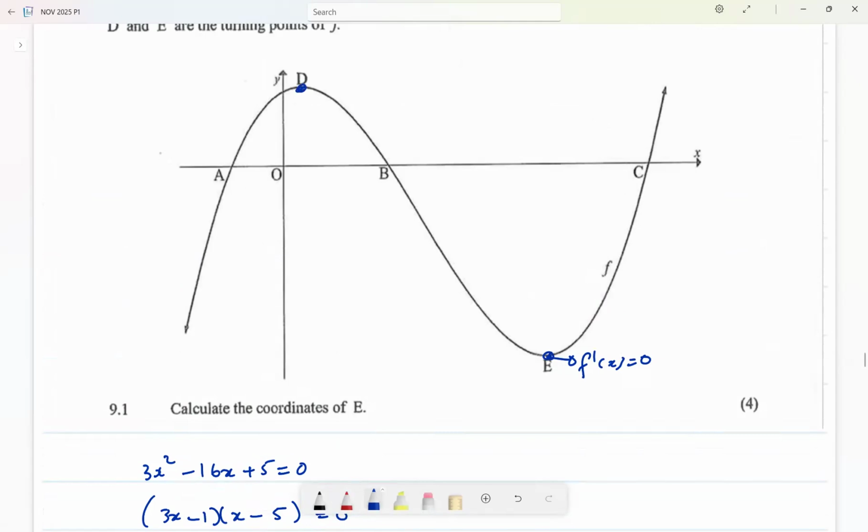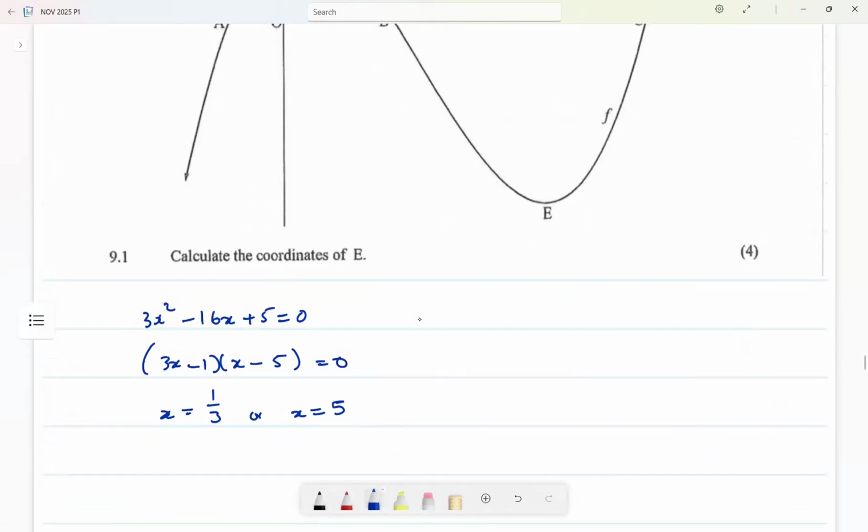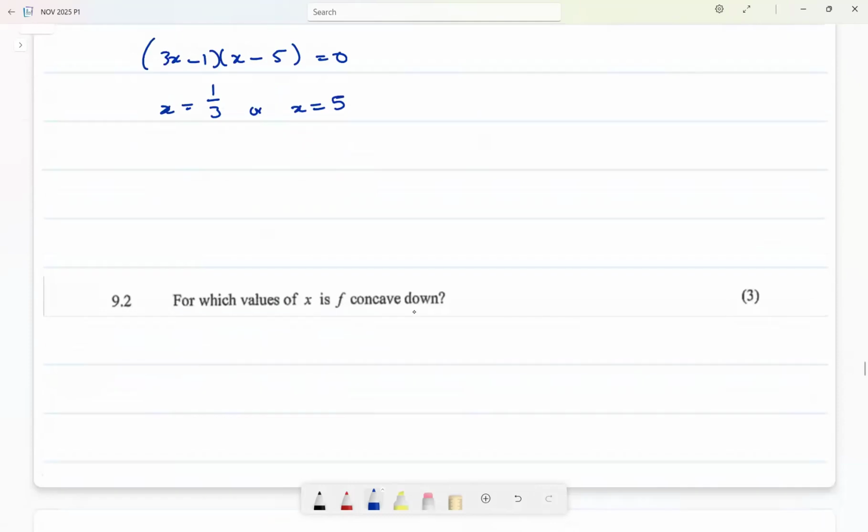So here, the coordinate means x is going to be 1/3 with whatever y value. But we're interested in this one on E. At E is going to be 5 and the y value. So we're going to say f(5) is going to be x³ − 8x² + 5 into 5 + 14. Is it like this?